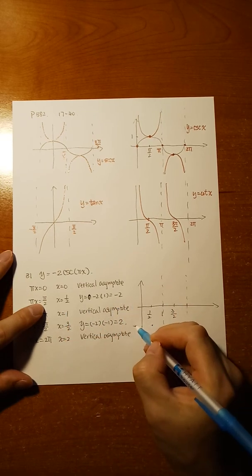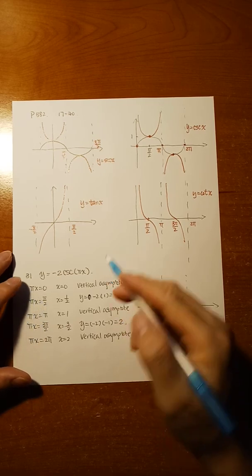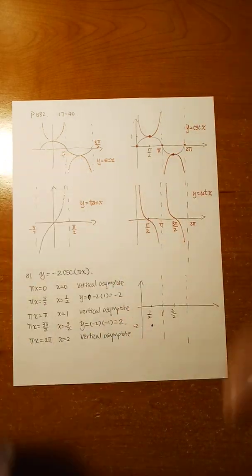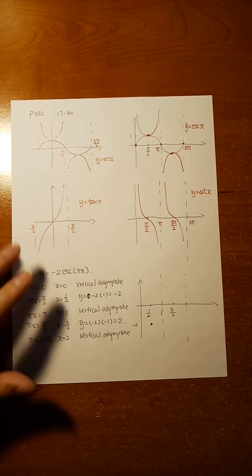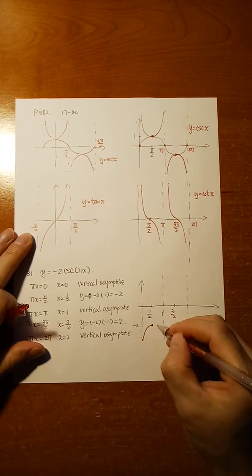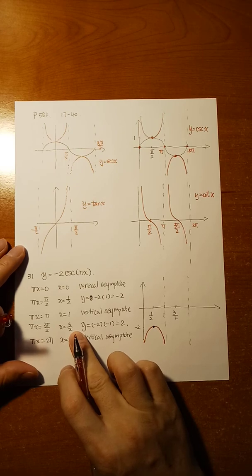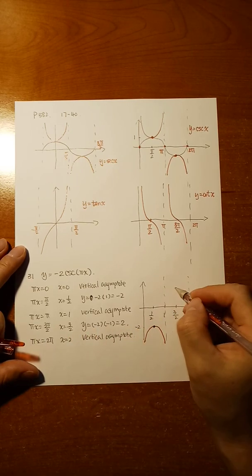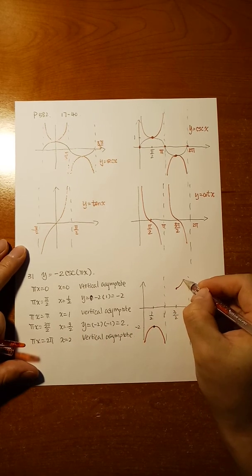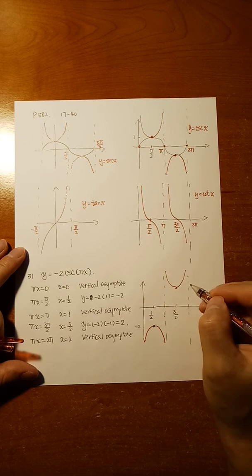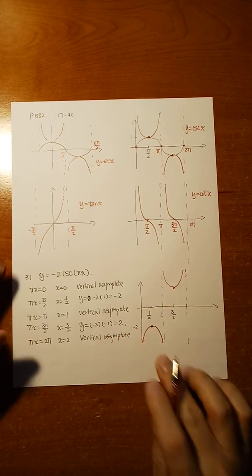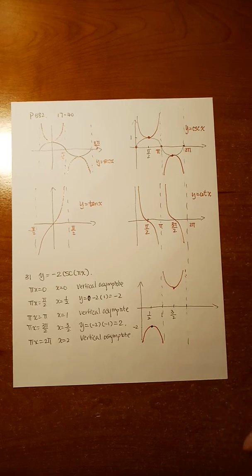For example, assume this is negative 2. Check here, it's negative, so you have to flip it. So the graph looks like this. And when you have 3/2, y is equal to 2. Flip it up. So use the key points, and you can quickly sketch the graph.